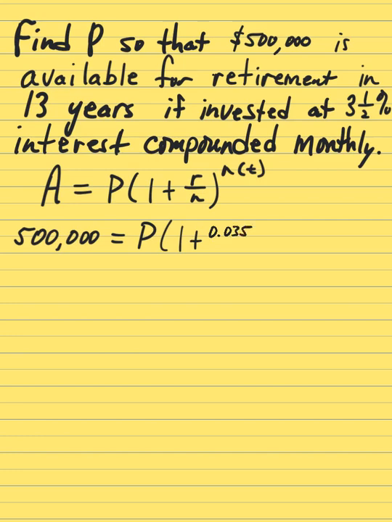In decimal form, that's 0.035. Compounded monthly, that's 12 times per year. And 13 years until retirement. Okay, so that's quite a bit to think about.